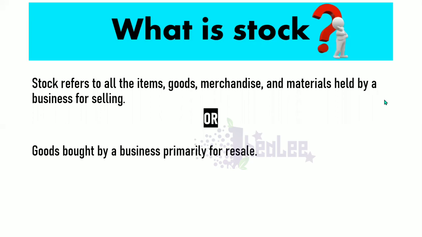Let us now understand the movement of stock. Guess what? You're in business, your aim is to make a profit. So it therefore means that the cost that you pay for the goods to come into your business so that you can have it available for resale is going to differ from the price at which you sell them.